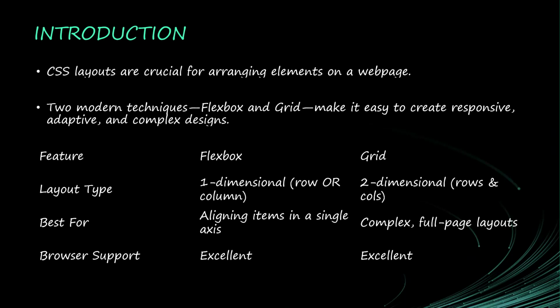You can actually structure your whole page using the grid system. For browser support, both of them are supported by the browser. Whenever you want to create a one-dimensional layout type, you use Flexbox. So we are just going to be showing you examples of how all these things work.